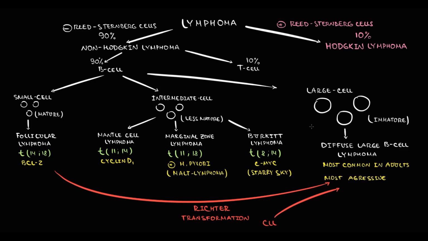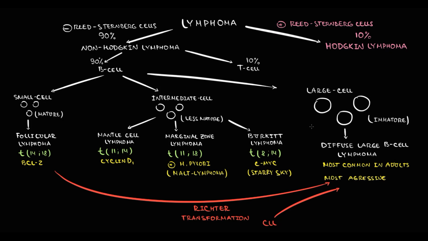But in approximately 5 to 10% of chronic lymphocytic leukemia patients, the disease undergoes a sudden aggressive transformation. The small, mature cells acquire additional mutations and transform into large, aggressive, immature B cells. The patient who had stable chronic lymphocytic leukemia suddenly develops rapidly enlarging lymph nodes, B symptoms, and a dramatically worsening clinical picture.